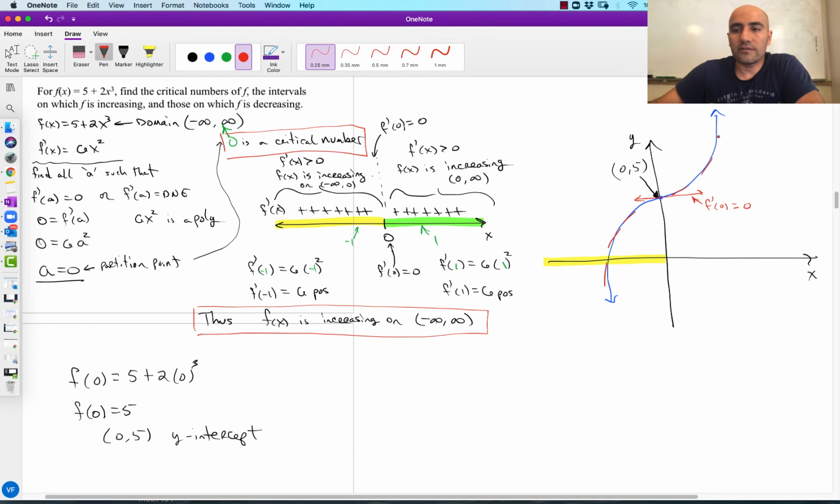And at x equals 0, the underlying function is continuous there. It's a valid point. So we can conclude that the function is increasing everywhere.